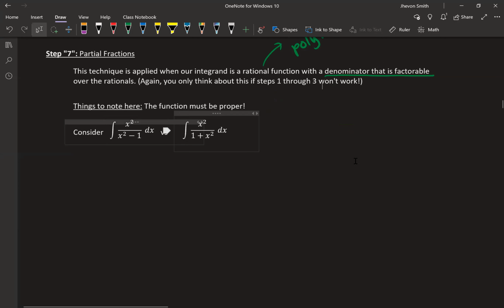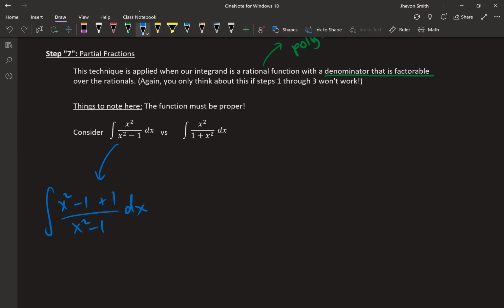So if you see something like one of these guys, we saw this already, what you would do is you'd think of this as x squared minus 1 plus 1. And then that would be 1 plus 1 over, say, x minus 1 times x plus 1.